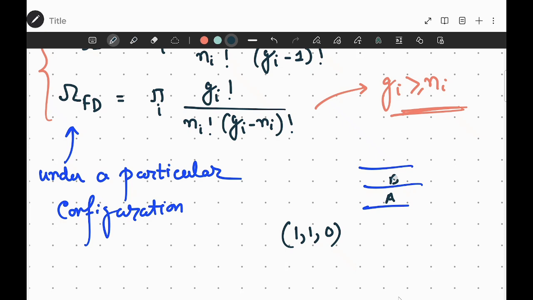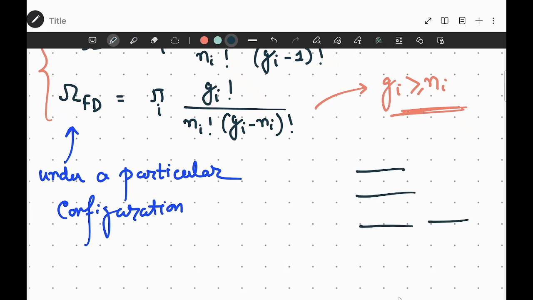So only one possibility will be there. But if there is, let's say, degeneracy, then you can have other options. This is an option, this is an option. So two options are there. Only for a quantum mechanical particle, if there is degeneracy, will more than one possibility be there.